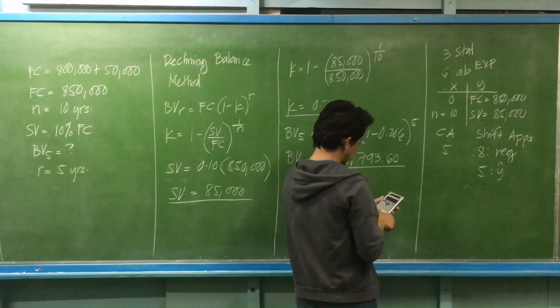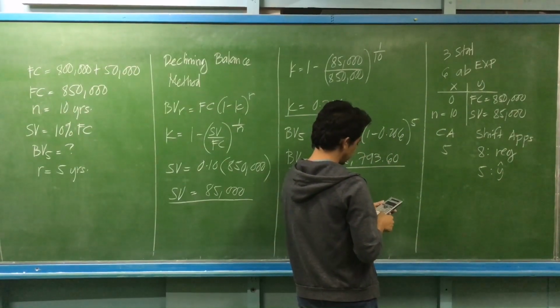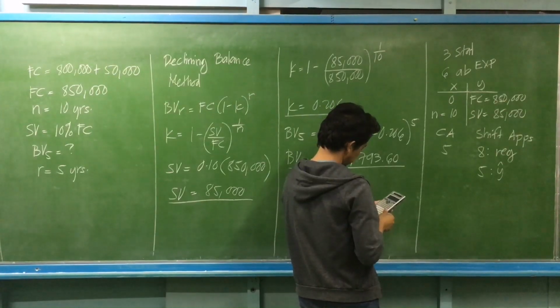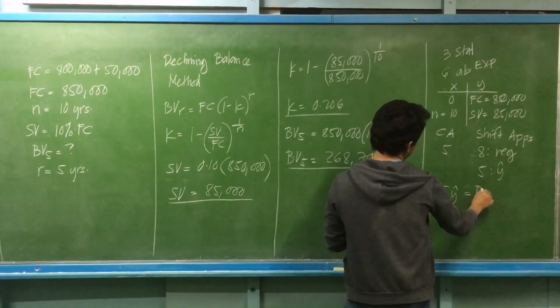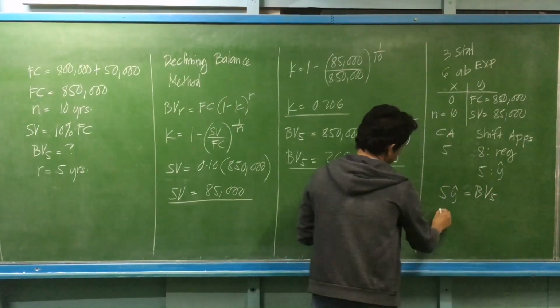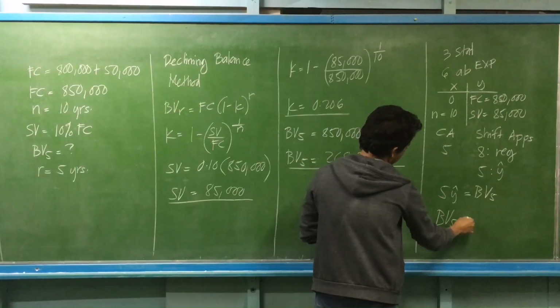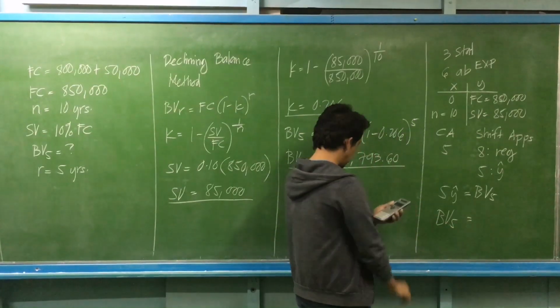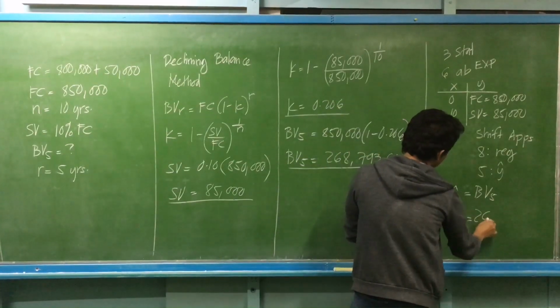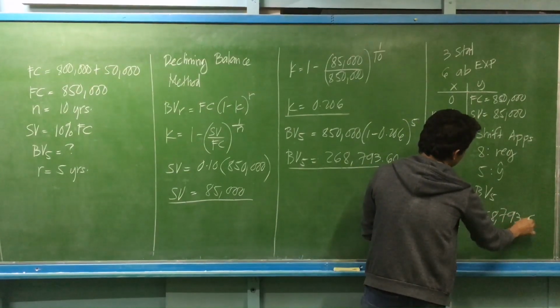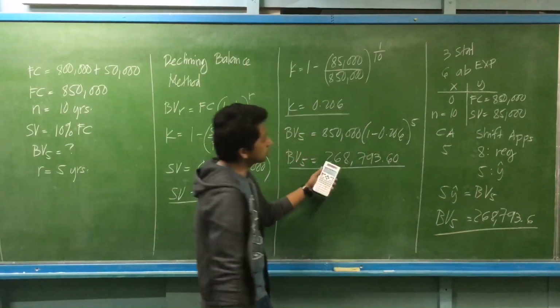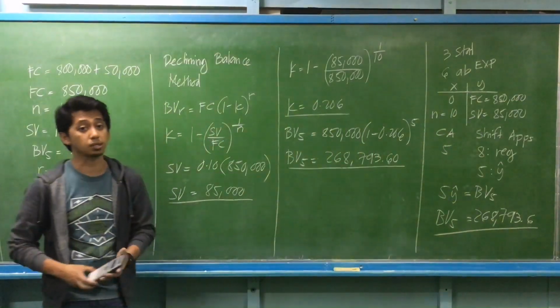So dapat yung nasa screen ng calculator is 5 Y hat. Pareho lang ito sa book value number 5. So we have book value number 5 is equal to plus equals 268,793.6. Yeah. So pareho lang sa dito. This time lang naman using stat.